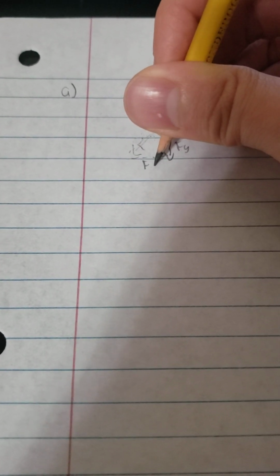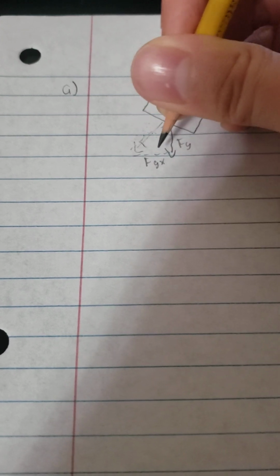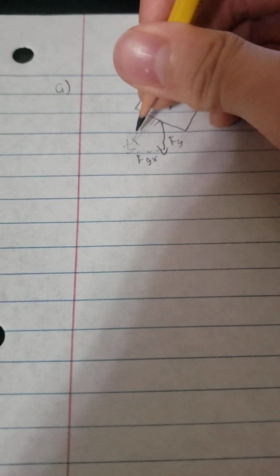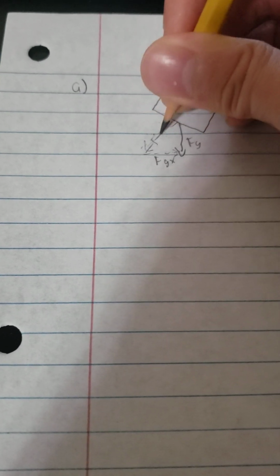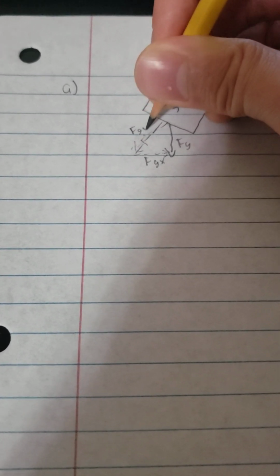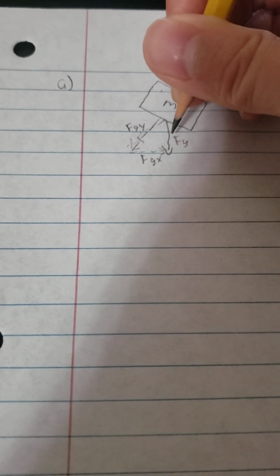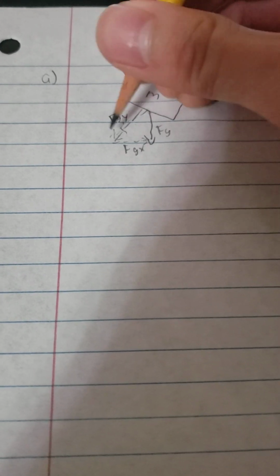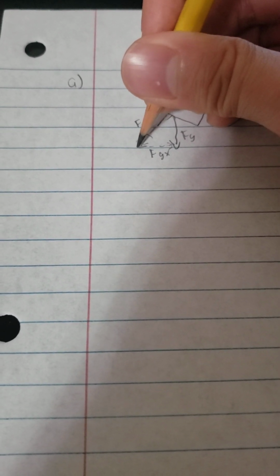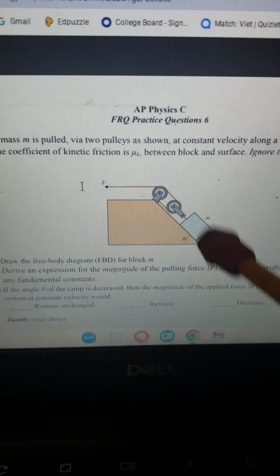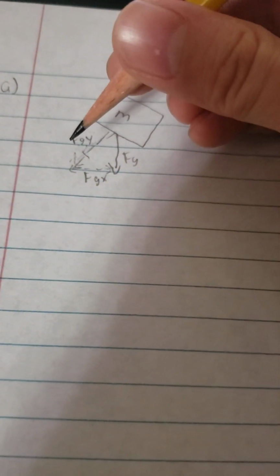So, it's going to have FG of x, which is pointing this way, and FG of y is pointing there. Or rather, I meant FG of x should be pointing this way. We're assuming in the problem that the box goes up, so that's why I assume FG of x goes up.